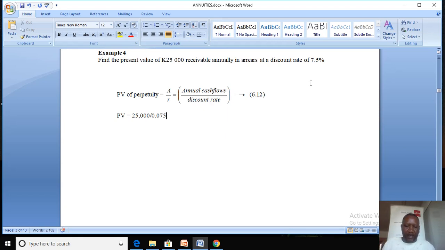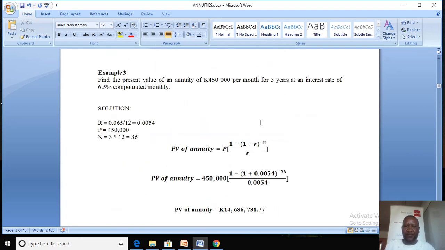If you tap that in your calculator, we're dealing with kwacha, you should have 333.33. So that is going to be the present value of a 25,000 received annually, indefinitely, without limit.